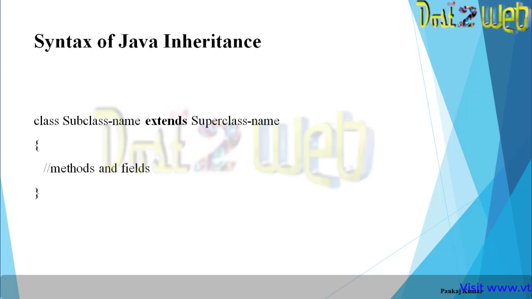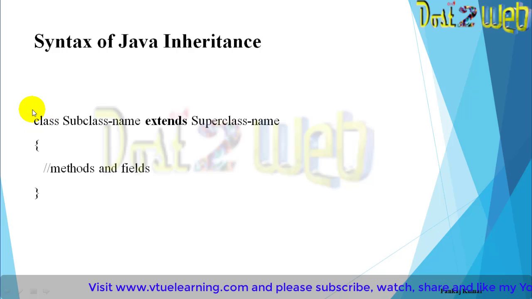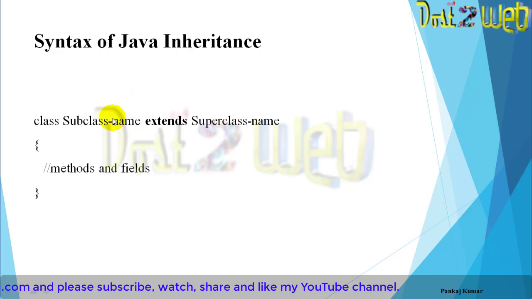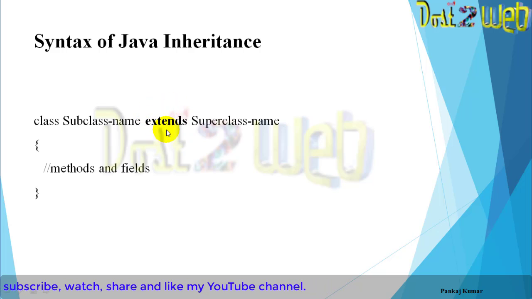So what is the syntax of inheritance in Java? It's very simple. In a similar way, you write class, then the subclass name, and you extend the superclass name. Whatever method you have defined in the superclass will be extended into the subclass, and the method and field, whatever you want.